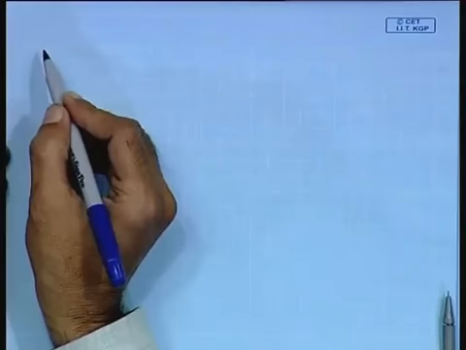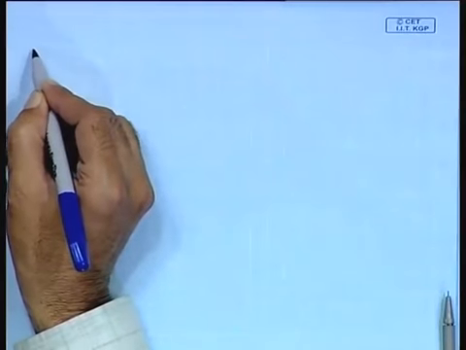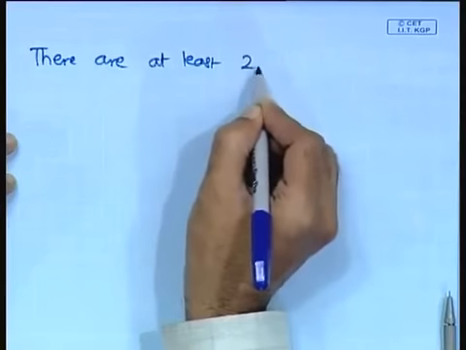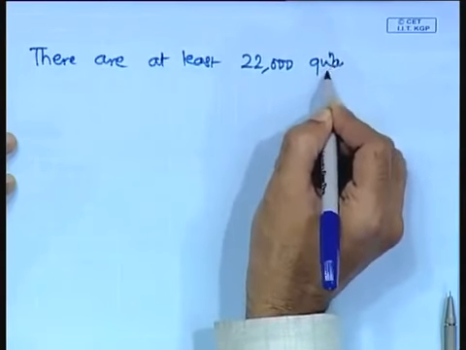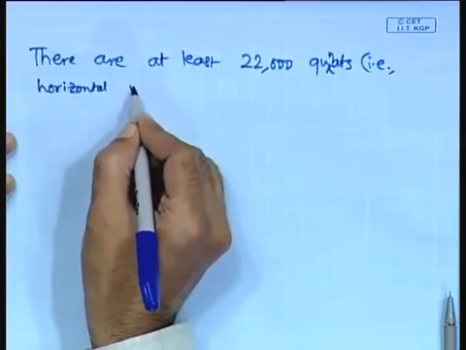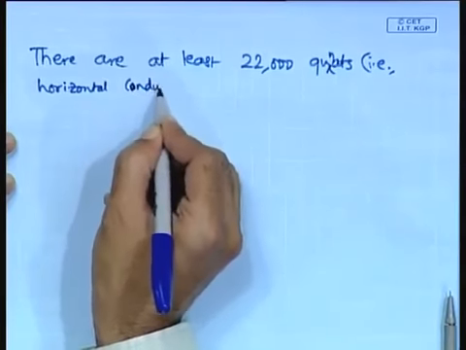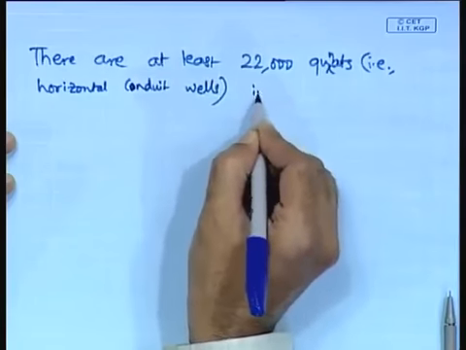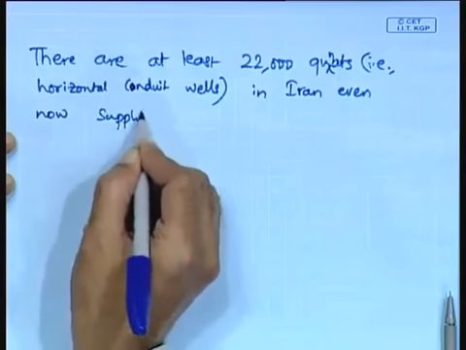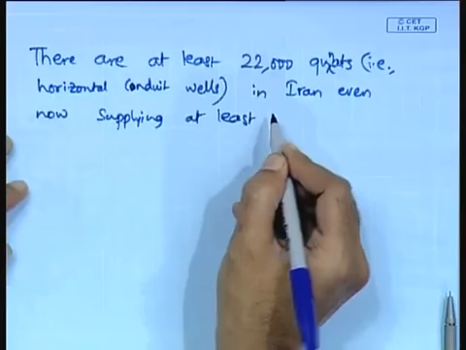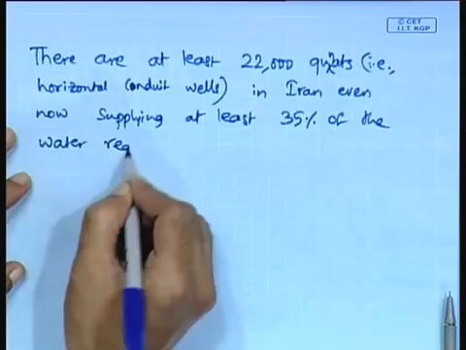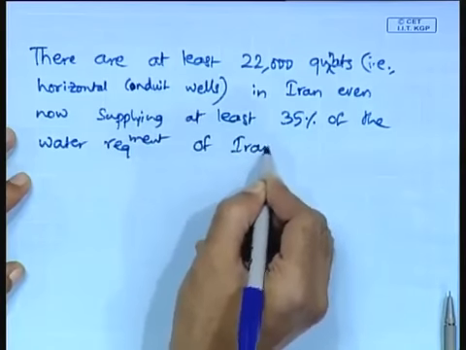Here I would like to mention that there are at least 22,000 qanats, that is horizontal conduit wells, in Iran, even now supplying at least 35% of the water requirement of Iran.